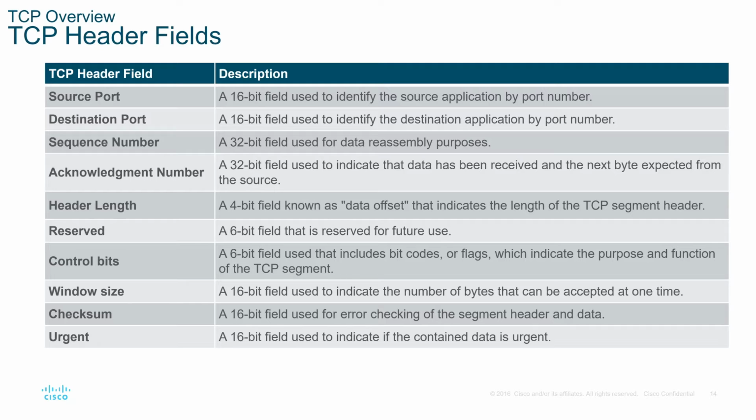The window size is a 16-bit field used to indicate the number of bytes that can be accepted at one time. A checksum field used for error checking, and an urgent field used to indicate the contained data is urgent.